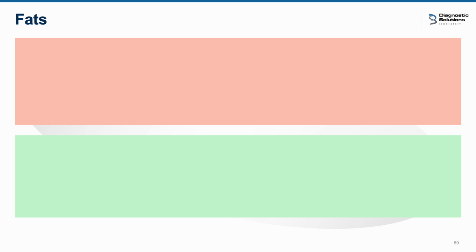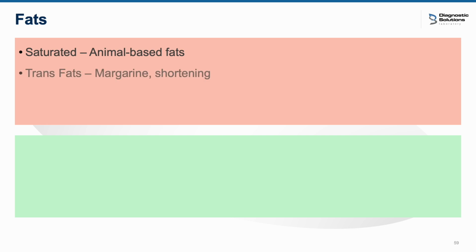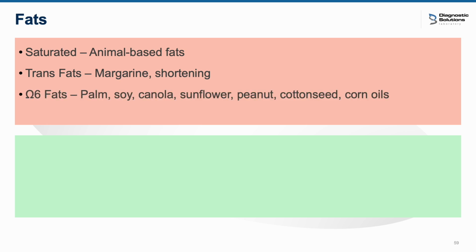Choosing the right fat sources is so important in IBD and any inflammatory condition. So what we want to avoid is going to be our saturated fats or animal-based fats, trans fats like margarine or shortening, anything solid at room temperature that is in any way modified. Omega-6 fats, and here's a list of the vegetable oils that are higher in omega-6 fats.